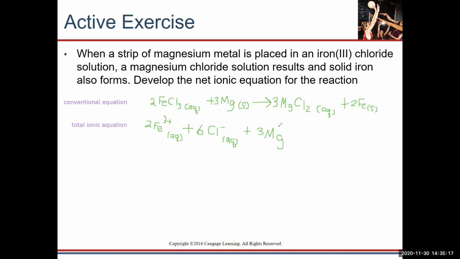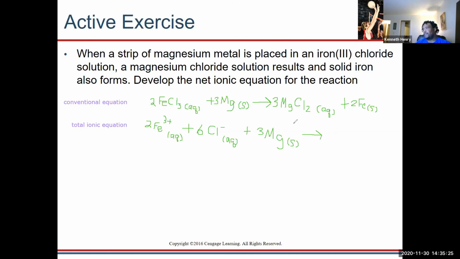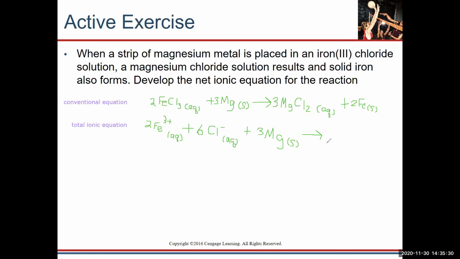Well, they don't have an ion, so is it just a solid and no charge? That's right. It's just that element. Okay. On the other side, then we have the 3 Mg 2 plus since it's aqueous. That's right.